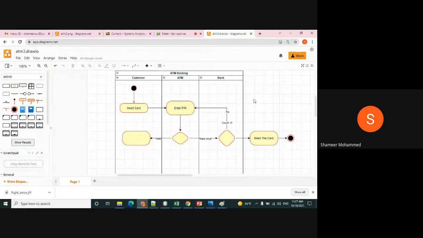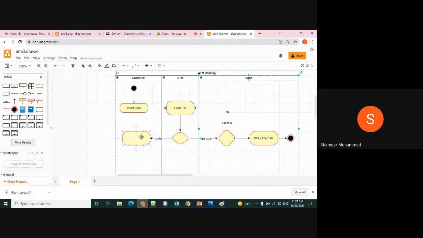Okay, khalas, this one. But this you have to adjust. These operations will take place in the bank. So you have to clearly mention even this count is equal to 3.